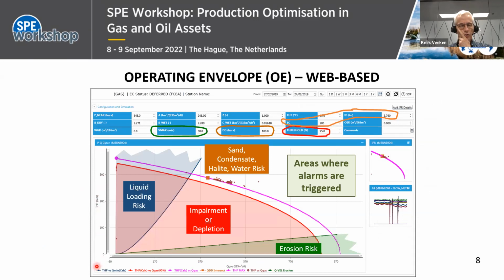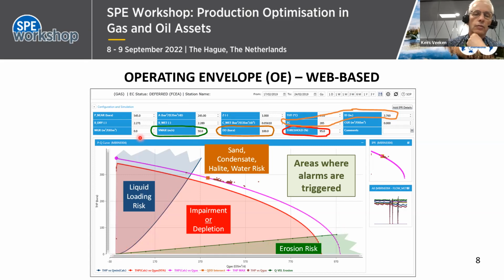It's just a screenshot, and what you see is all the usual stuff. In purple you see the PQ curve. In red there's a PQ curve calculated at a reservoir pressure which is 95% of the original reservoir pressure. And then you see the liquid loading line, the erosional line, and there's also this drawdown limit.